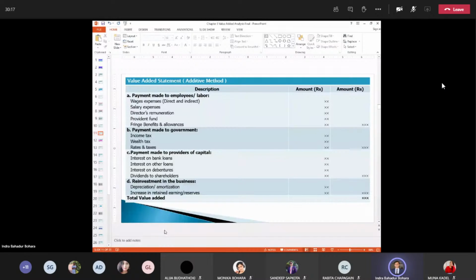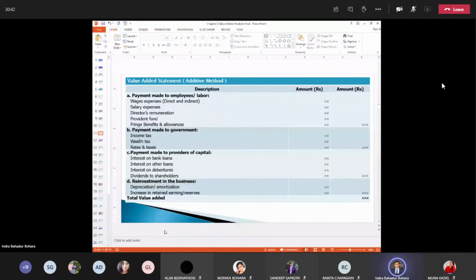Similarly, they may be wage, salary, or any remuneration, provident fund, pension, or any allowances, meeting allowances, or any benefit given. For example, housing, cloth facilities, lodging facilities given by the company to the employees.